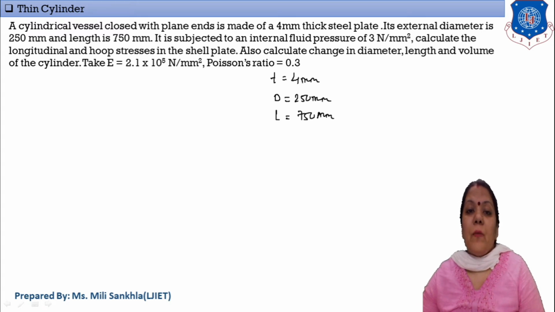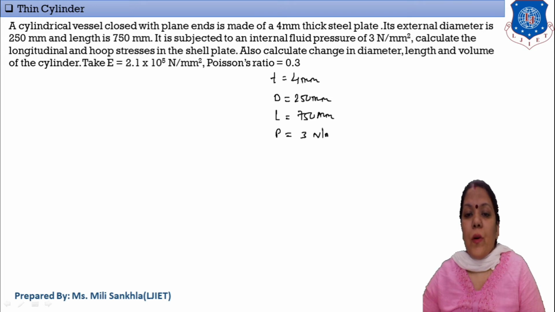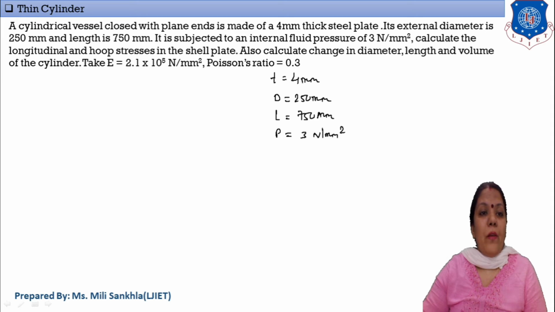Now it is subjected to internal fluid pressure P, which is equal to 3 Newton per mm square. Calculate longitudinal and hoop stresses.